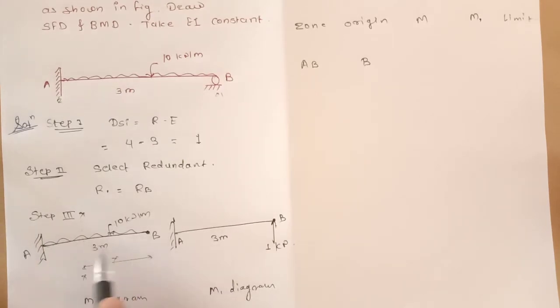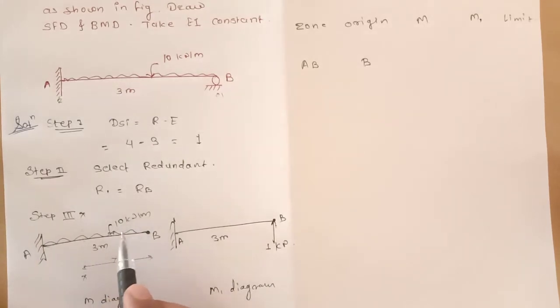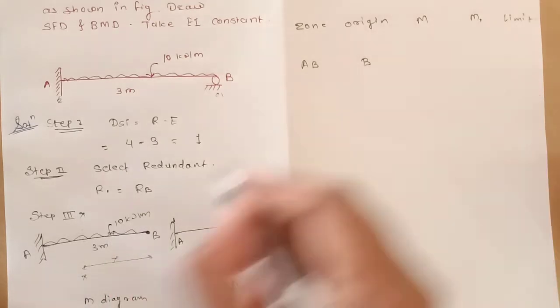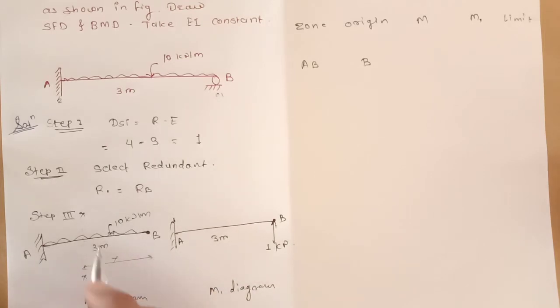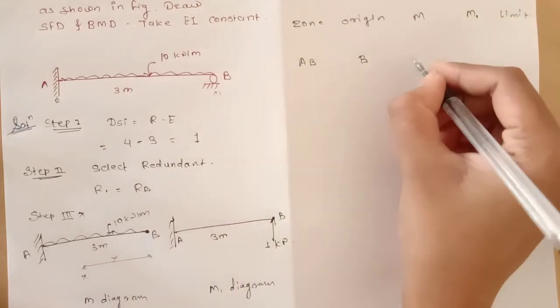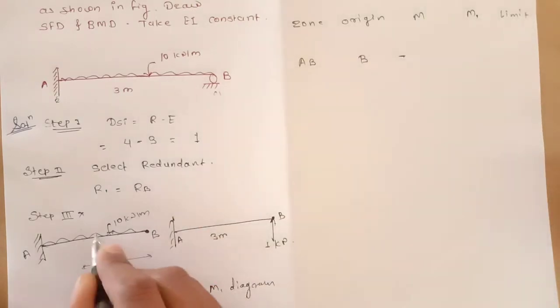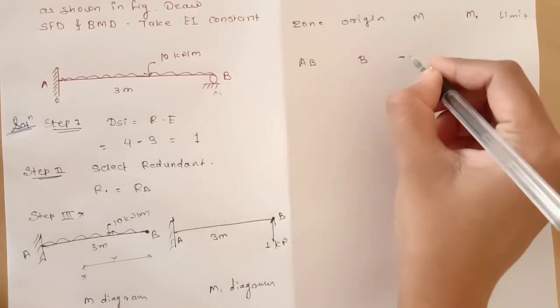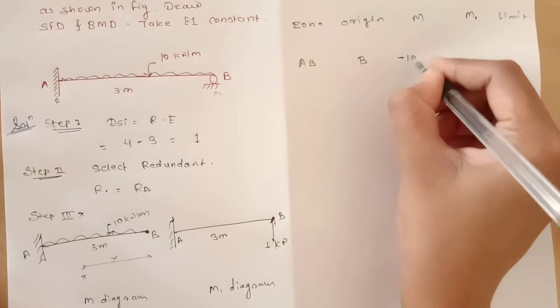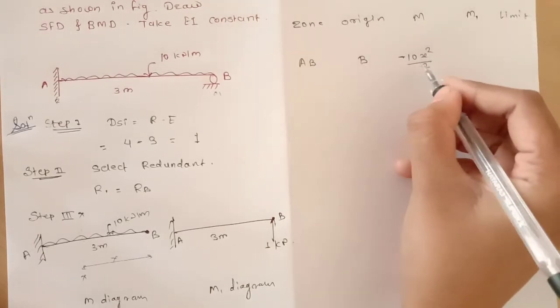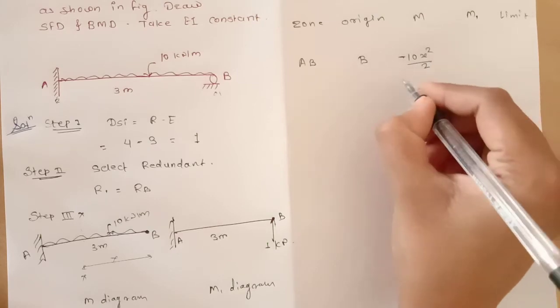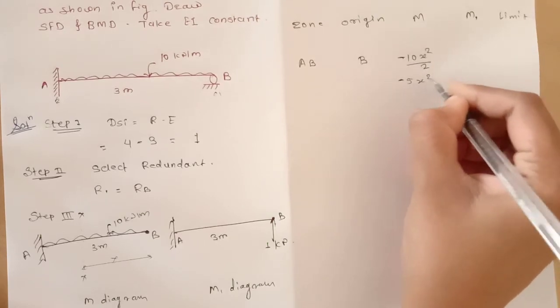Over this member a 10 kN per meter UDL acts. Then the moment is 10 into the distance x from point B. The moment is anticlockwise, so we take a negative sign: 10 into x squared divided by 2. So 10 divided by 2 gives minus 5x squared.